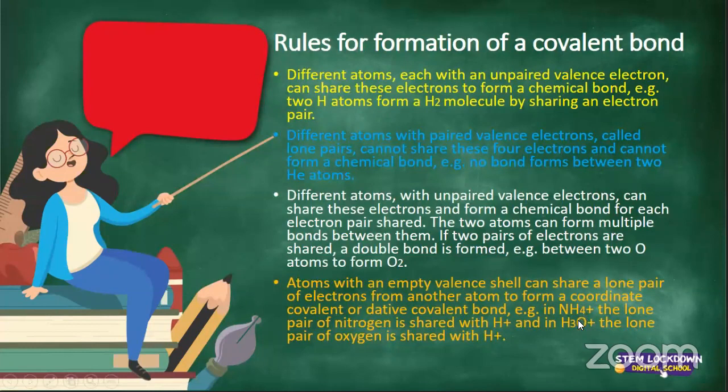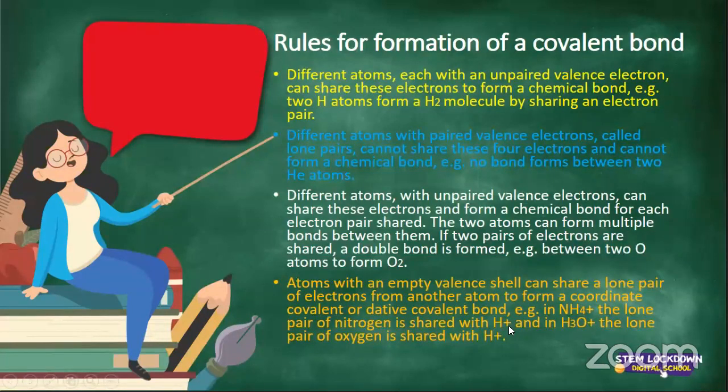For instance, you will realize that in the ammonium ion, the hydrogen ion, which has an empty valency shell, comes and shares the lone pair of the ammonia molecule to form the ammonium ion.